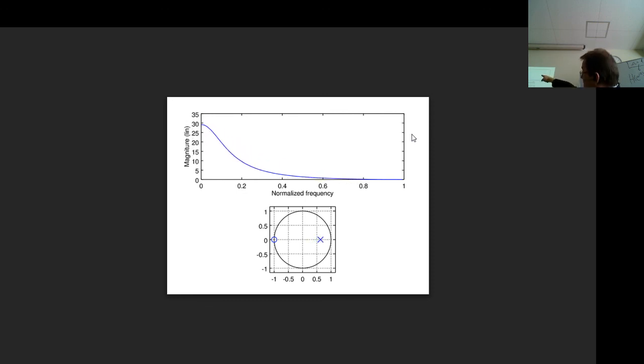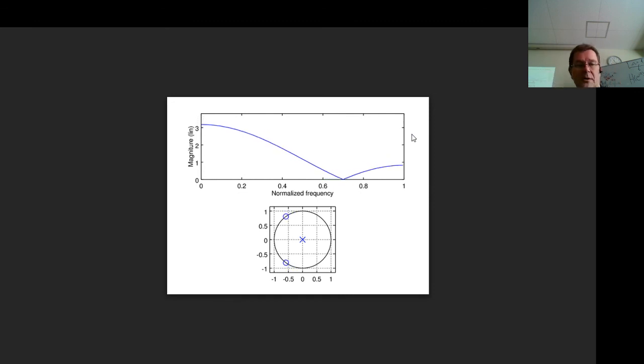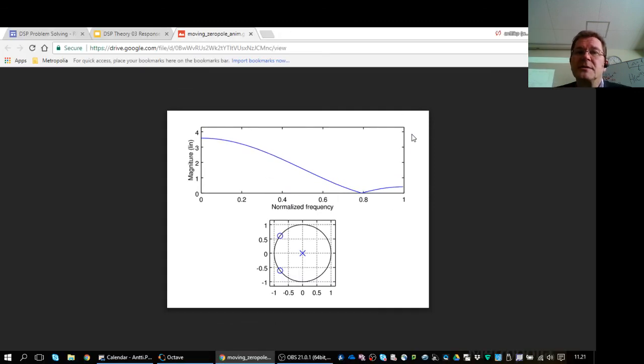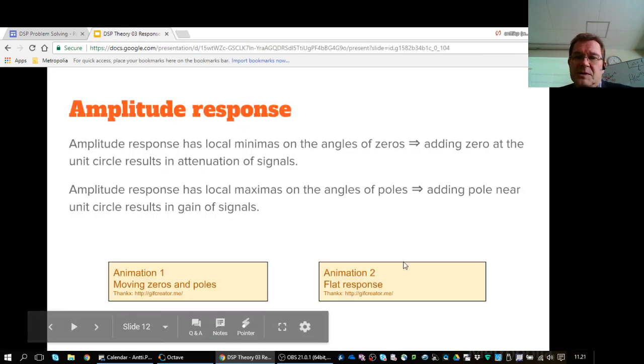And you also can see the magnitude, meaning the gain, is also changing. So when you're moving the pole closer to the unit circle, and if you would like to have this still a unity gain amplifying system, then you would need to scale it.